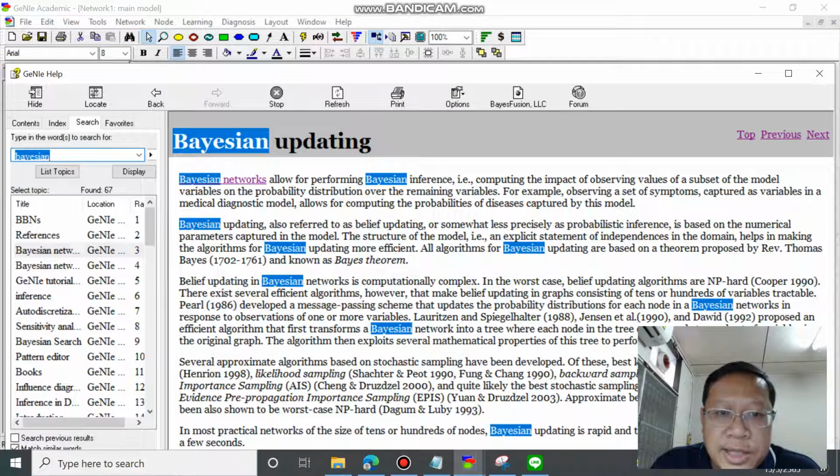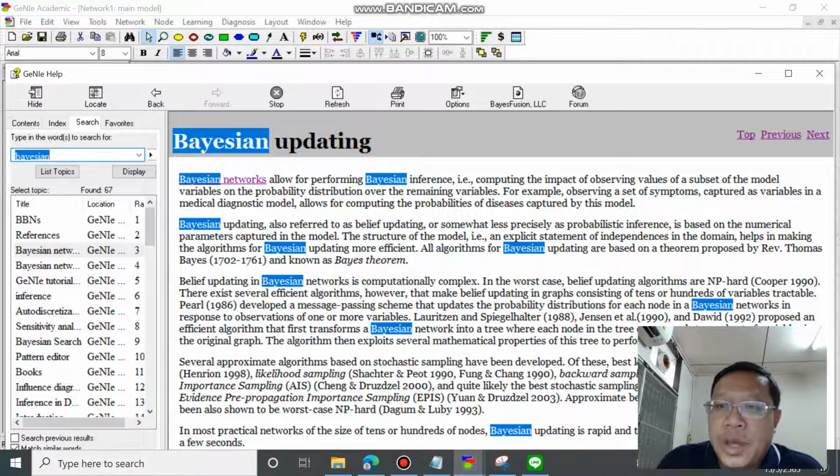Bayesian networks allow for performing Bayesian inference, computing the impact of observing values of a subset of the model variables on the probability distribution over the remaining variables.